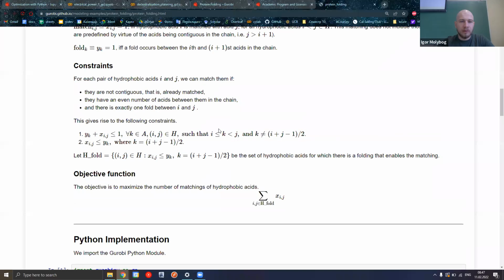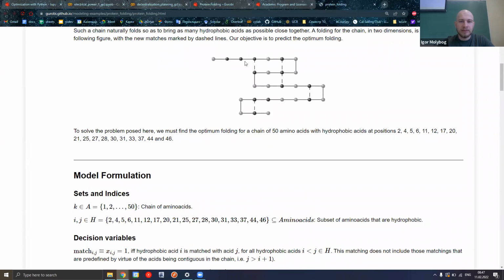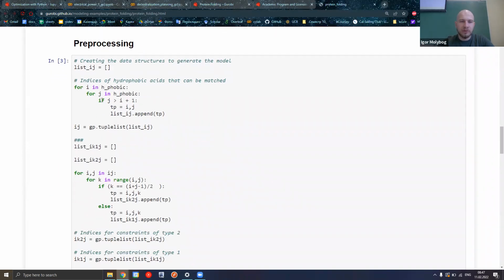So for example, regarding these two acids, we don't care if they're close or not, because they are close just by definition. We only care if they are close if they are not neighbors. So we're not going to be putting neighbors into this list, into the list of IJs.